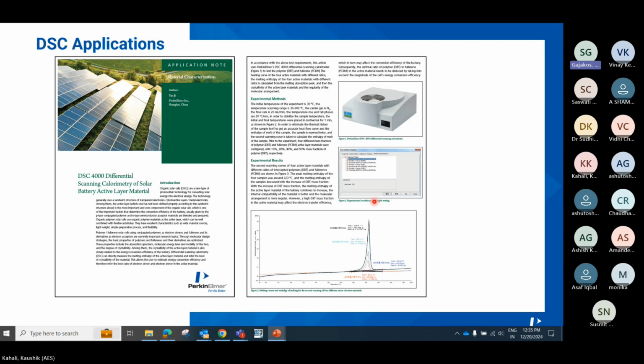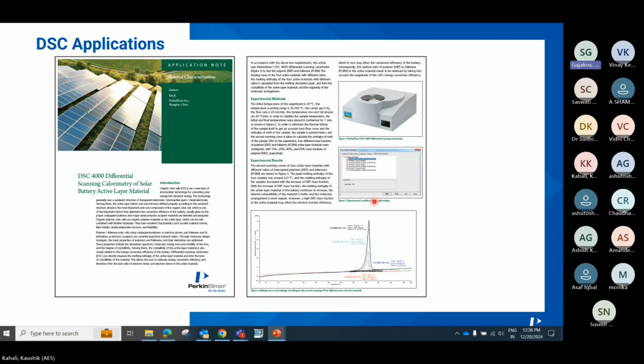They use polymer and fullerene solar cells, using conjugated polymers as electron donors, and fullerene and its derivatives as electron acceptors. These are very important research topics in the solar industry.